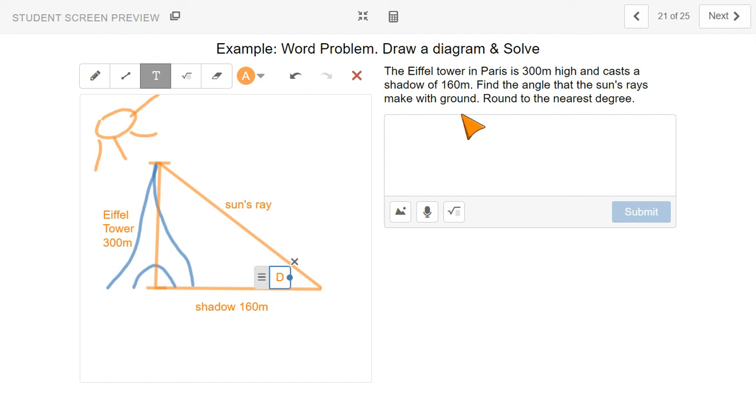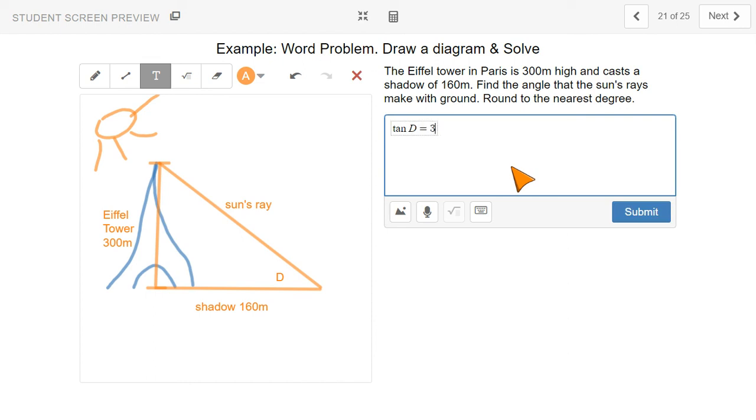Let's call this angle D. We have angle D, we have 300 and 160. This is going to be a question that involves tangent. Tan D is equal to opposite over adjacent. Let's undo our tan.